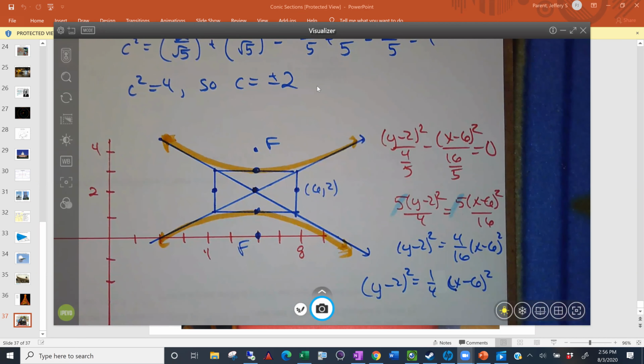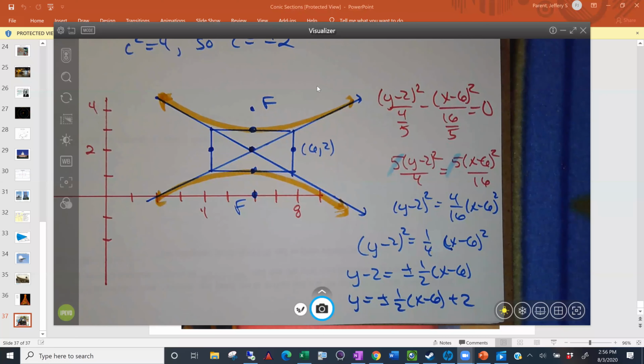I'll overlook it. If you take the square root on both sides, you get y minus 2 equals plus or minus square root of that. It's going to be 1/2 x minus 6, no longer squared. Move the 2 to the right-hand side, y equals plus or minus 1/2 times x minus 6 plus 2.